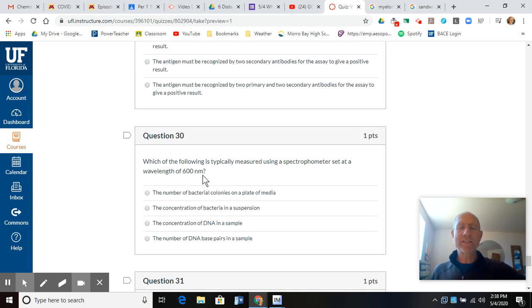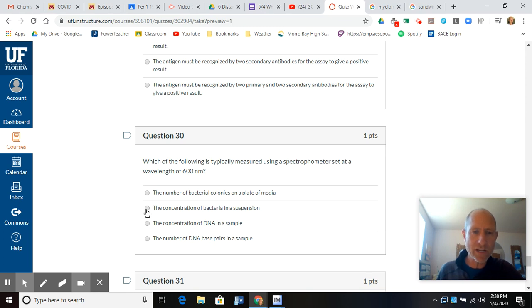Which of the following is typically measured using a spectrophotometer set at 600 nanometers? 600 nanometers is the wavelength of light that bacterial cells party at. So this would be used to measure the concentration of bacterial cells in a liquid culture. So not on a plate, in suspension. That means suspended in liquid.